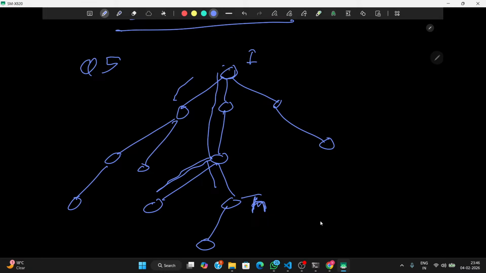So suppose, through iterating, I went to this vertex, this vertex, and then this vertex. After going through these two vertices, I cannot go to this vertex.